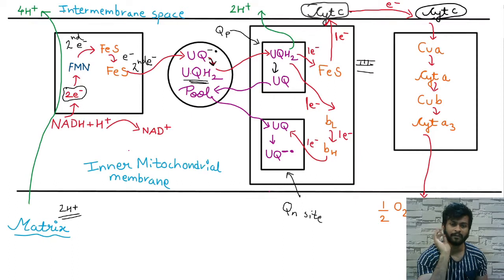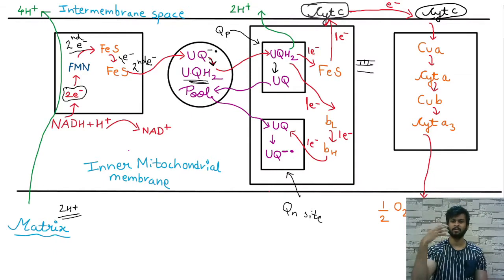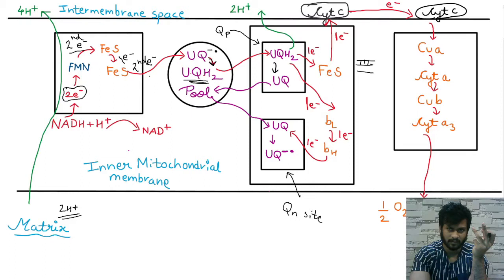Before understanding that, when the electrons were getting transferred to the successive electron carriers, some energy is generated. This energy will be used in the pumping of hydrogen ions or protons from the matrix to the intermembrane space.